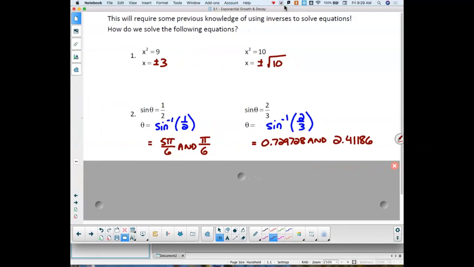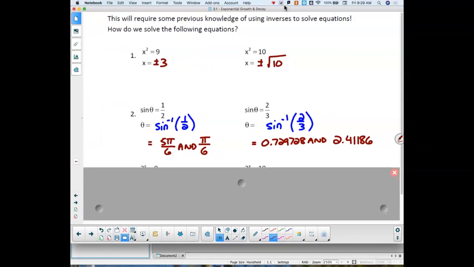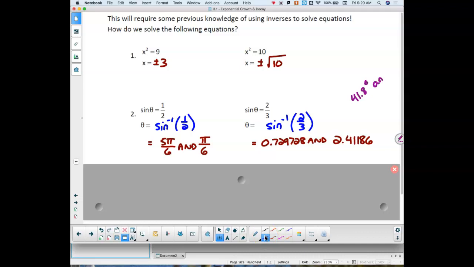And again, if we were doing this in degrees, then we'd have 41.8 degrees and whatever. So what's 180 minus 41.8 would be 138.2 degrees.